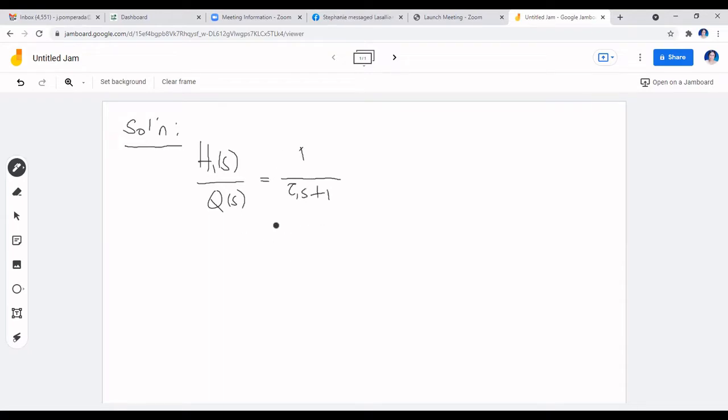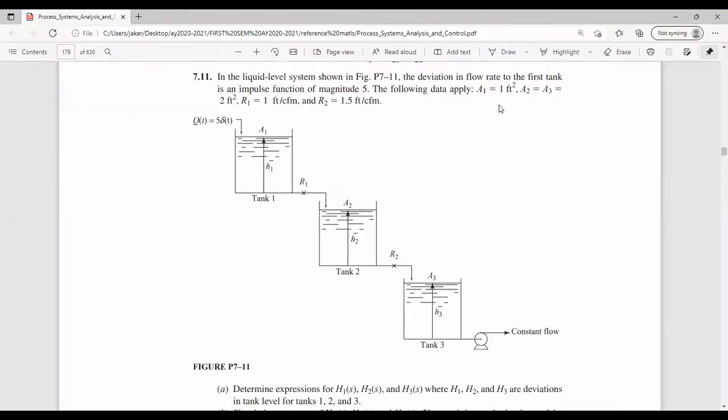We will specify it's tau 1 because we're talking of the first tank. Now, for tau 1, its formula is A1 R1. So based on our given, your A1 is 1 and your R1 is 1.